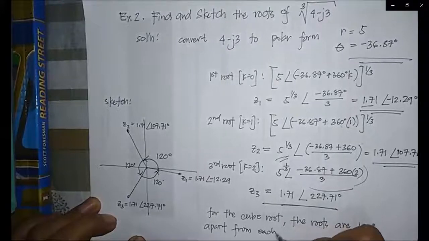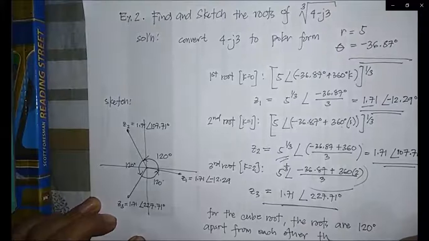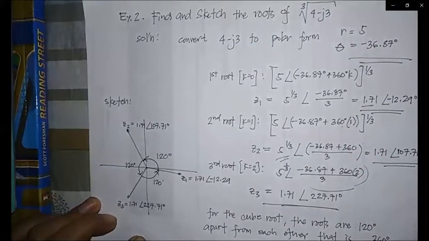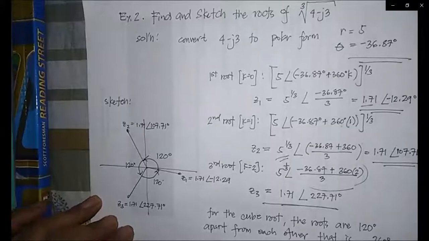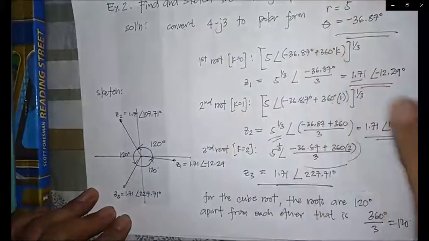That is because if we divide 360 degrees into 3 equal parts, that will result in 120 degrees.